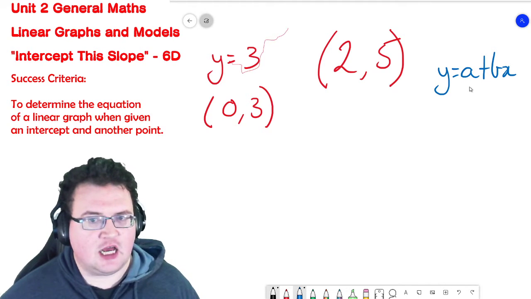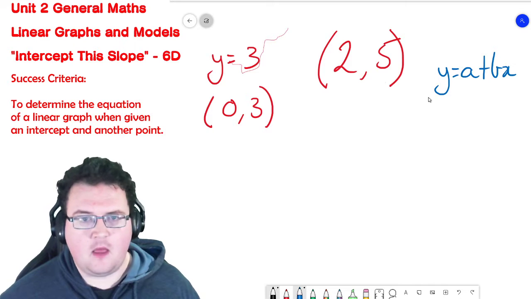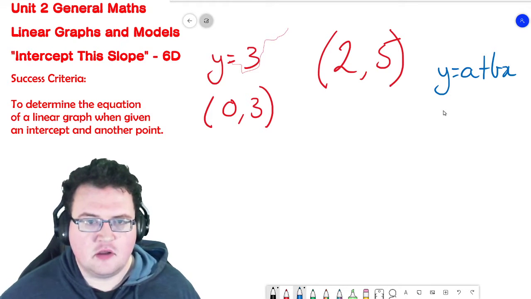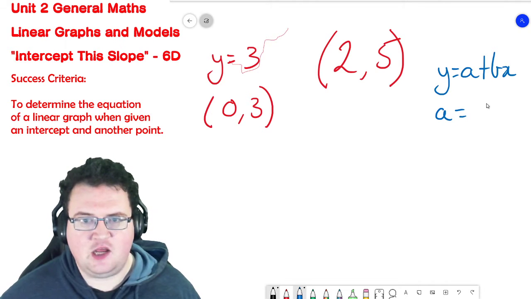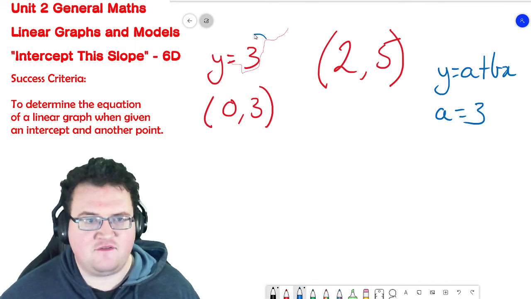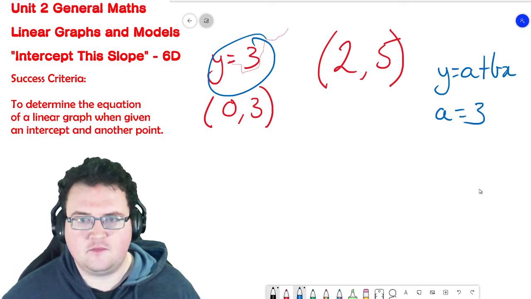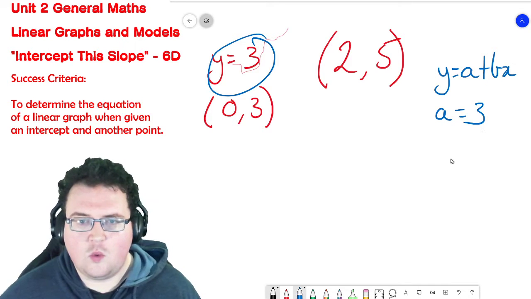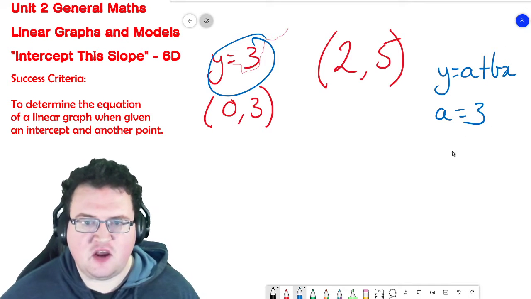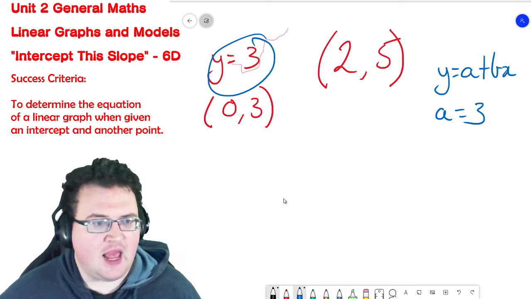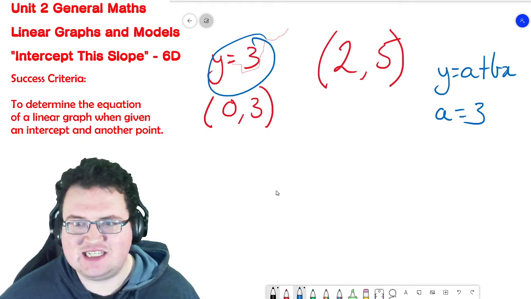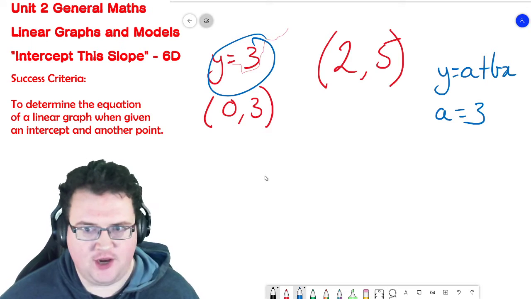I already know that a is going to be equal to 3 because I have this information. What I need to do now is figure out what b is equal to. And b is the gradient, the slope of my line.